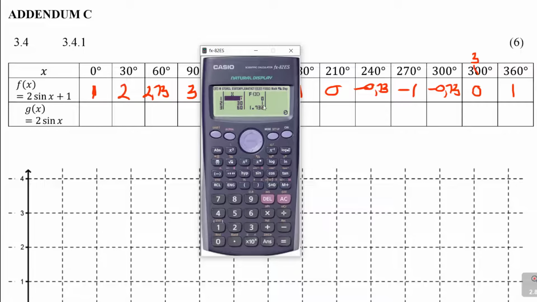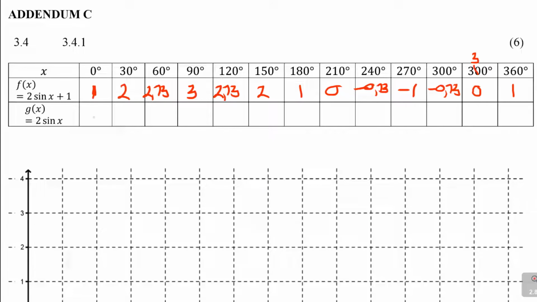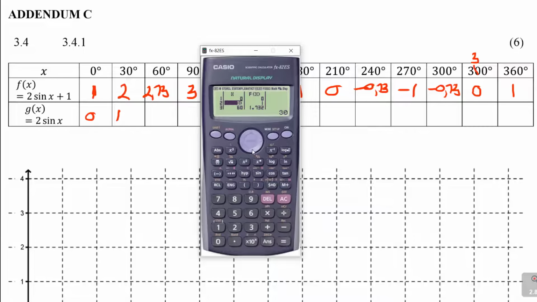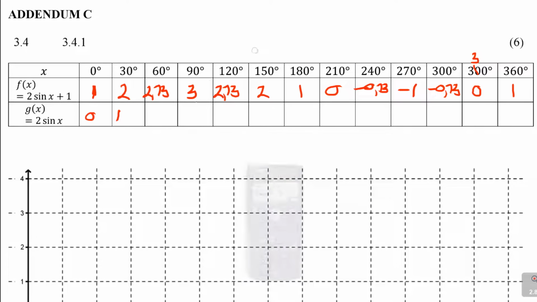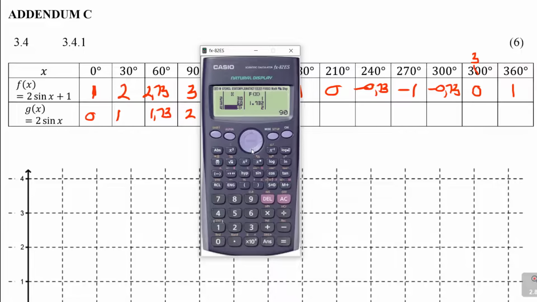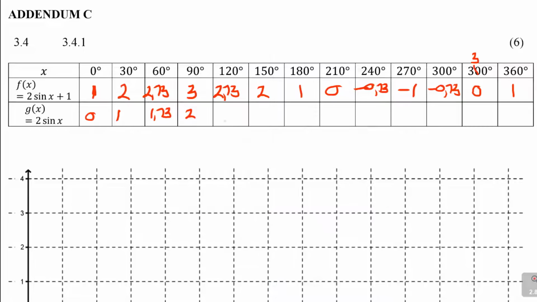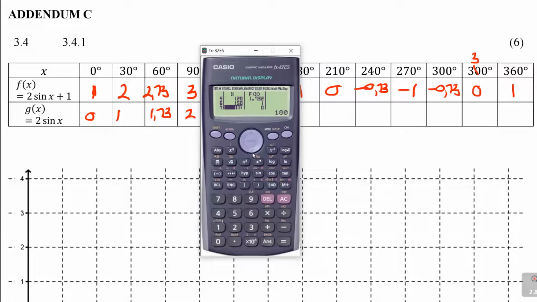Now I do the same thing. 0 is 0, 30 is 1. Continue. And then 60 is 1,73, 90 is 2. And then 120, 1,73, 150 is 1. Continue. 180 is 0, 210 is negative 1.